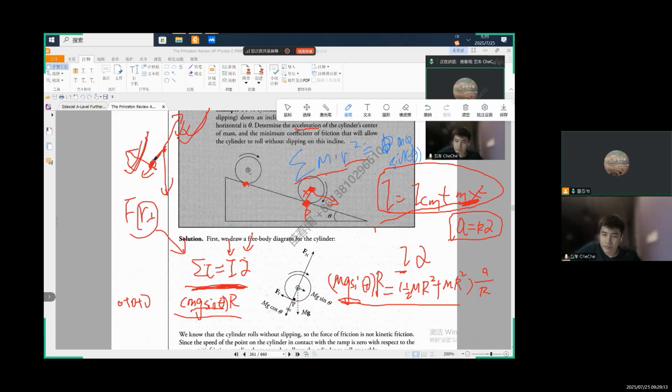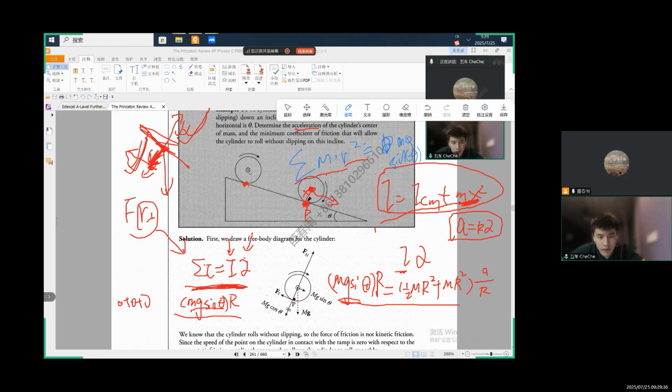Also, the component of mg that goes through this, perpendicular to the slope, also has zero torque. They all go through the point P that we chose on purpose, so all their torque can be zero, which is easier for us. Does that make sense?